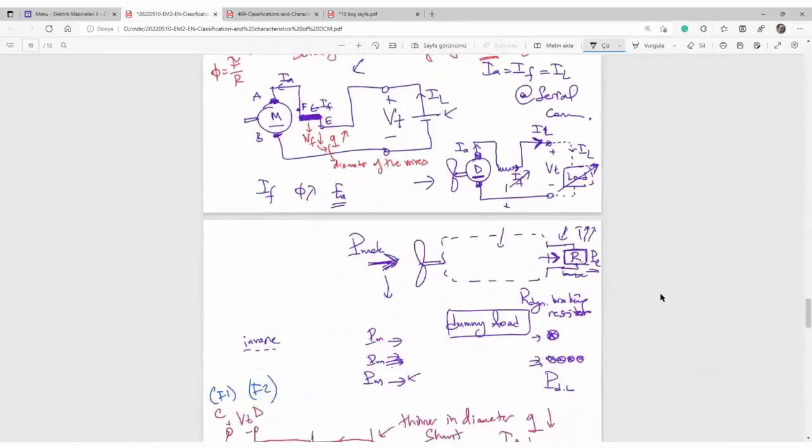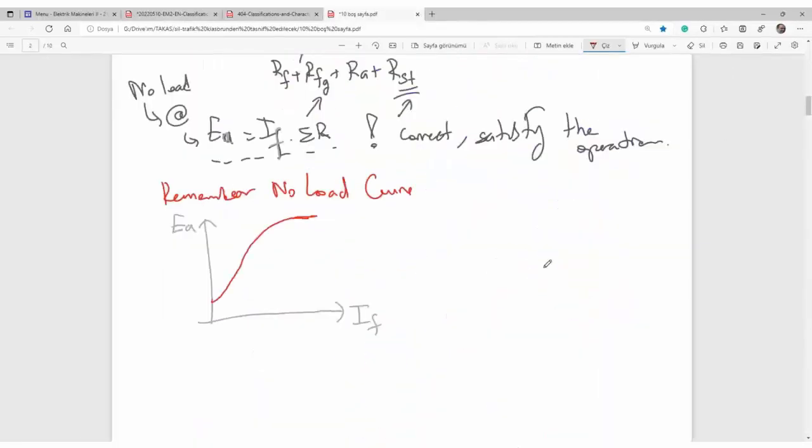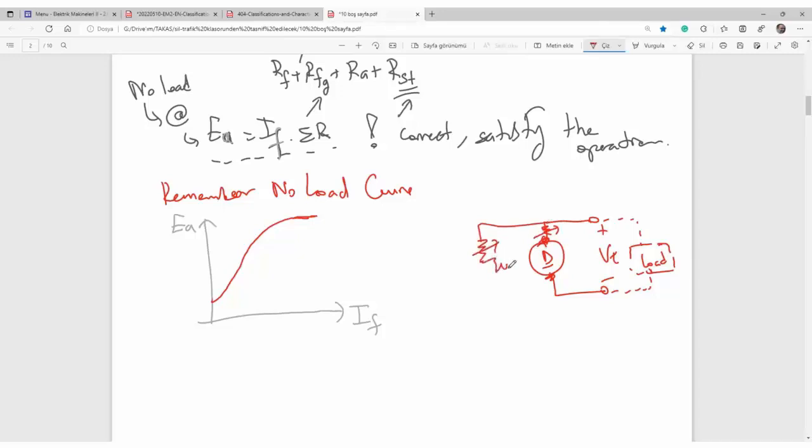Okay, and now what Mustafa means is that here's a dynamo that drives a load. Let's say here would be a load, and the load needs a certain terminal voltage, let's say 110 volts, for example. And here would be some resistances, controllers, and here is the excitation coil, the shunt coil.